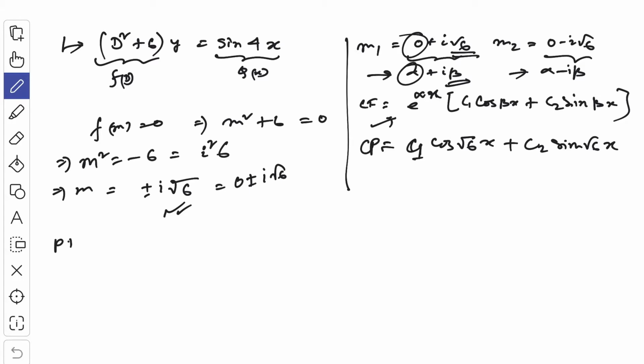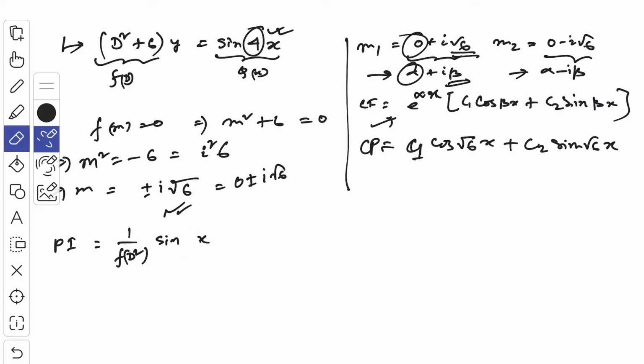For PI we have to take 1 by f(D square) sin ax. Here this a is 4 in this case, so we will write sin 4x.